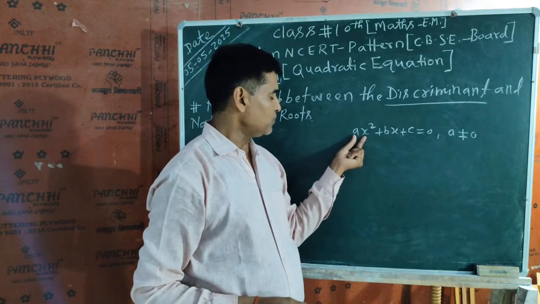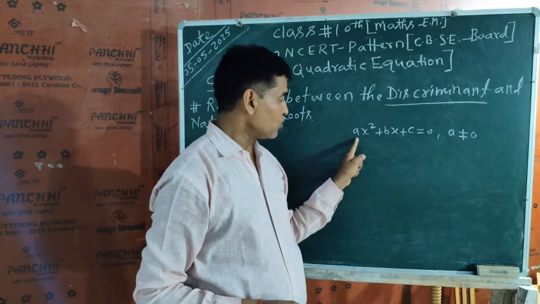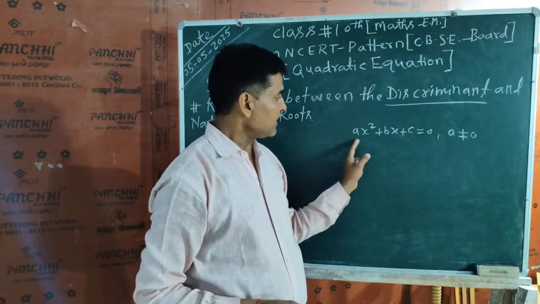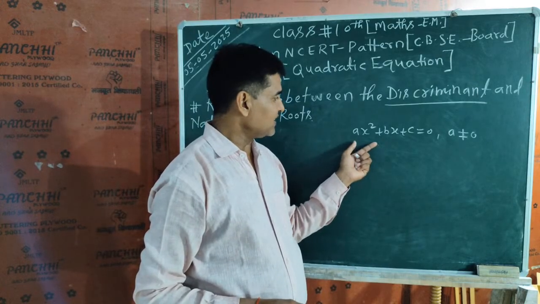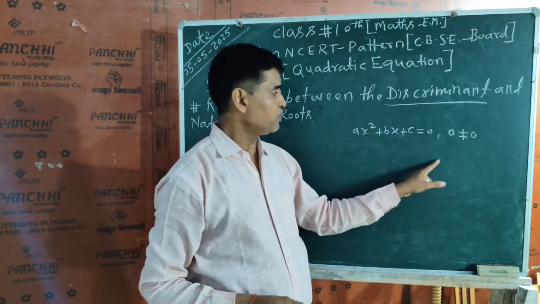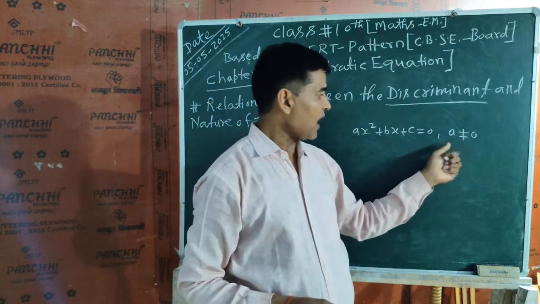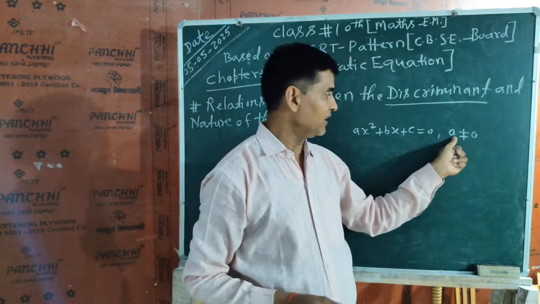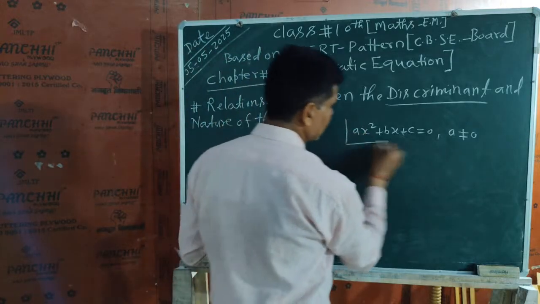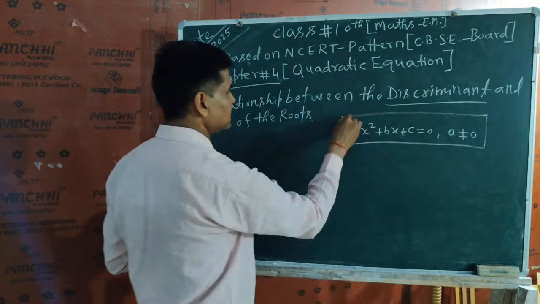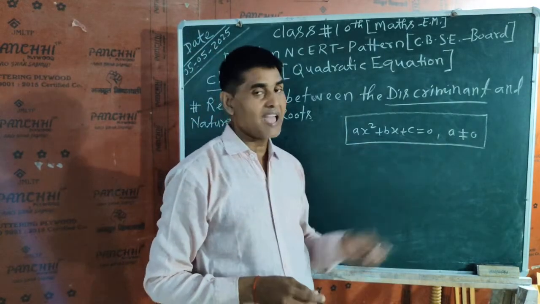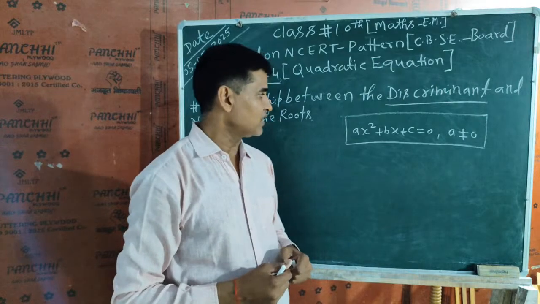Therefore, I am going to say this is a quadratic equation, and when we take particular values of a, b and c from minus infinity to plus infinity, I will not consider the value of a equal to 0. So I will say this is the complete general quadratic equation. When I take one set of a, b, c, then I will get one particular quadratic equation.